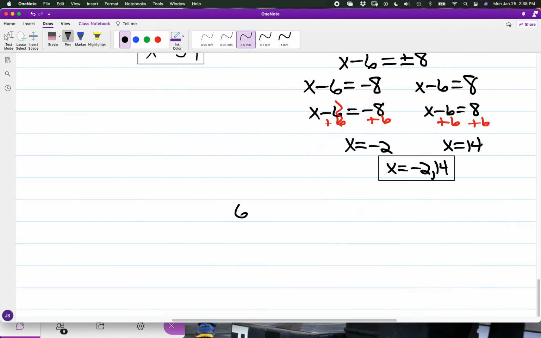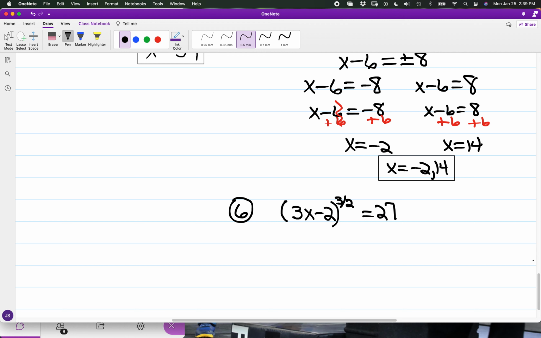And let me mention this. If we have, let's say, 3x minus 2, and say we have to the 3 halves is equal to 27.